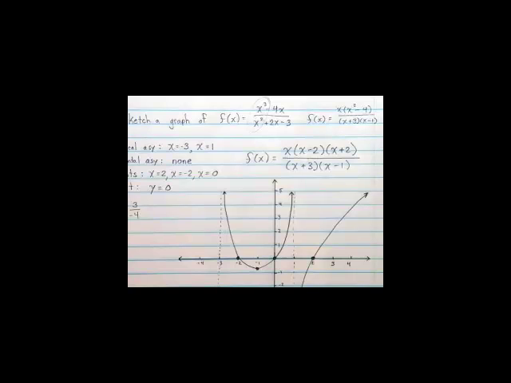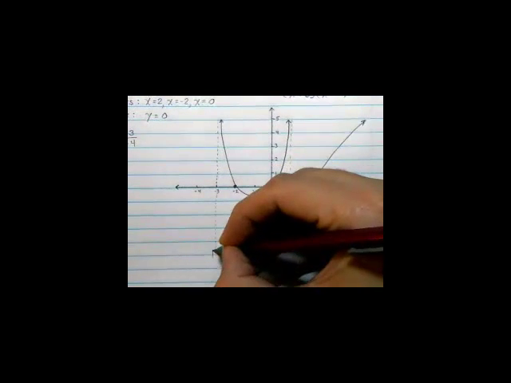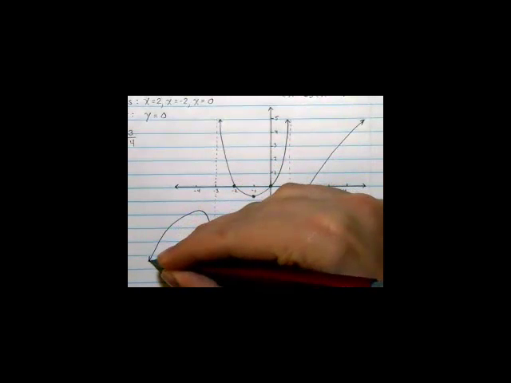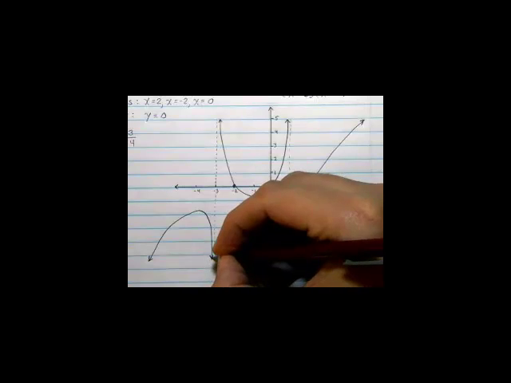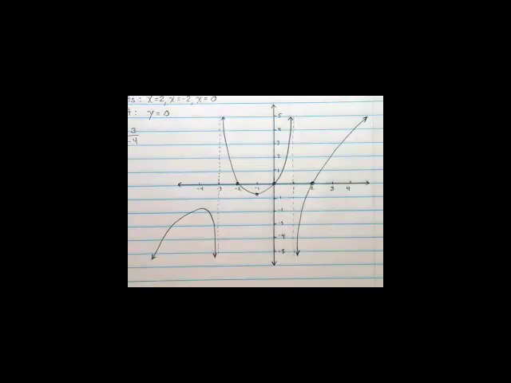Is it caught above or caught below? It's going to have to be that one that's below. So it's going to have a look that is something like this. It's going to come up, it's going to approach that asymptote, but then it's going to head off and head down towards -infinity.